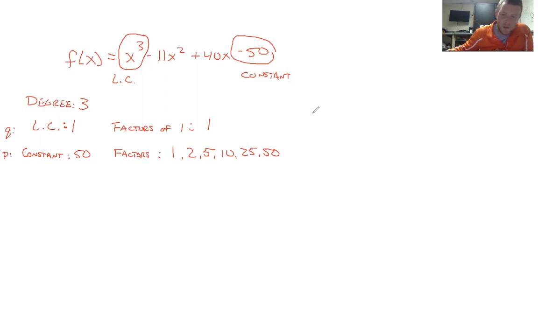And then to find your possible solutions, it's plus or minus p over q. So my possible solutions are going to be plus or minus 1 over 1, which is 1, plus or minus 2 over 1, I guess I should have just written 2.